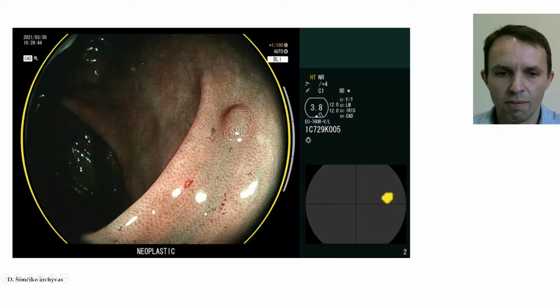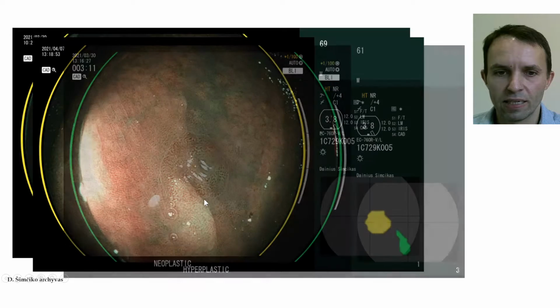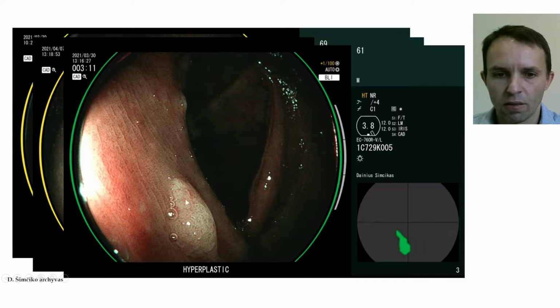A few more examples. The lesion over here, colored yellow, suggests that it is neoplastic. Lesion in the center, artificial intelligence says the lesion is most likely neoplastic. This lesion is suggested to be hyperplastic.